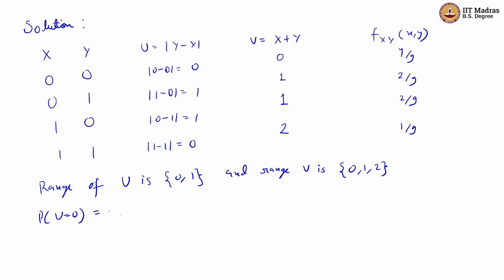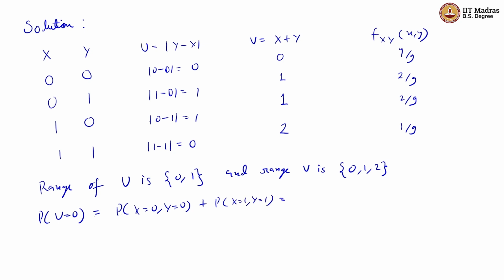So for finding the probability u is equal to 0 from the table, we have to add probability of all possible xy pair where u is equal to 0. So the probability u is equal to 0 will be equal to joint probability x is equal to 0, y is equal to 0 plus joint probability x is equal to 1, y is equal to 1.